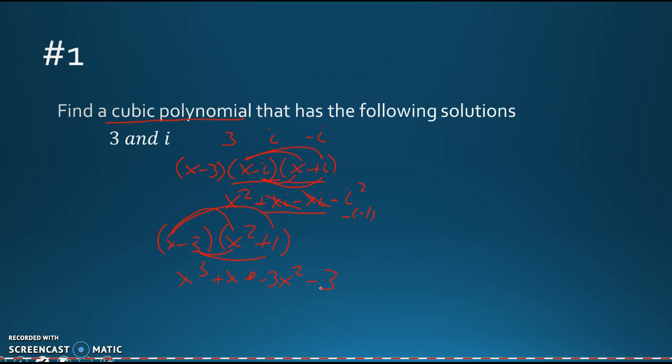And so when I put this in standard form, my polynomial equation is going to be x to the third minus 3x squared plus x minus 3. And that is a polynomial function that if I were to factor it and solve it, my 3 solutions would be 3 and then plus and minus i.